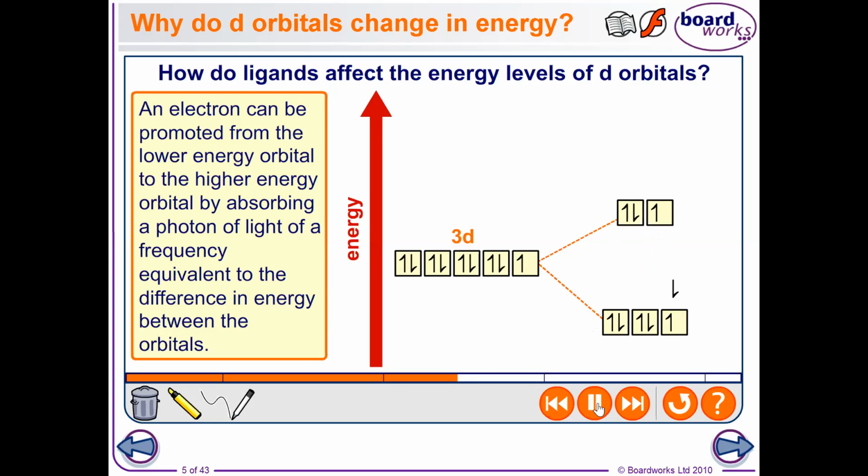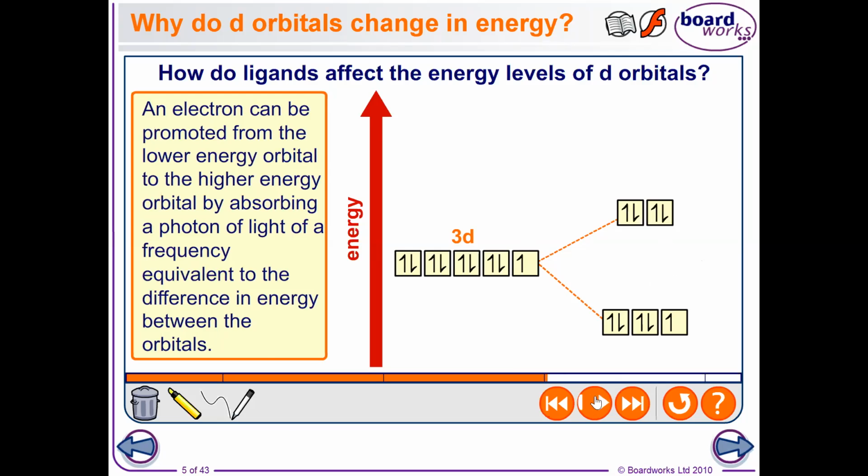An electron can be promoted from a lower energy orbital to a higher energy orbital by absorbing a photon of light with a frequency equivalent to the difference in energy between these two orbitals. So energy is absorbed; a photon of light is absorbed. This is in the octahedral complex.